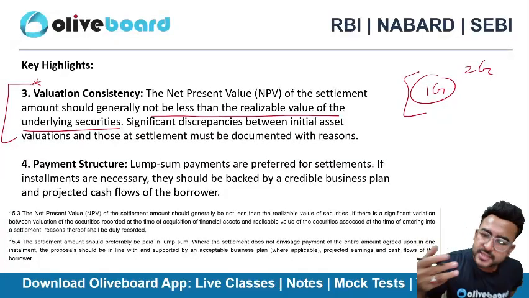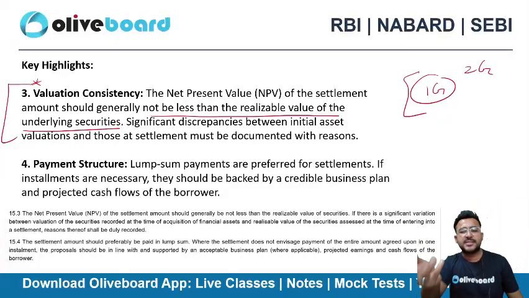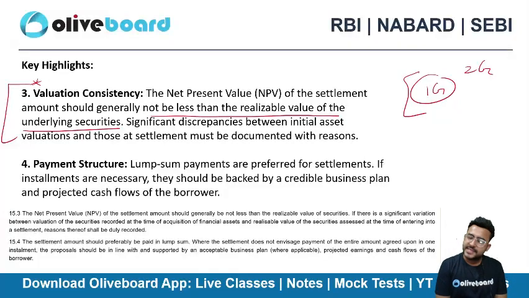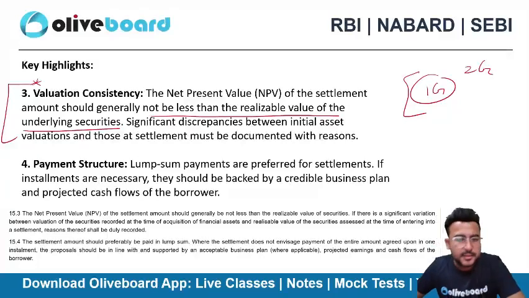Then just sell the security and take the money back, then what kind of settlement is this, right? You sell the securities and take back 1 crore rupees. So at least the settlement should be not less than the net realizable value of the underlying securities. Otherwise, there is no point of making the settlement, right?